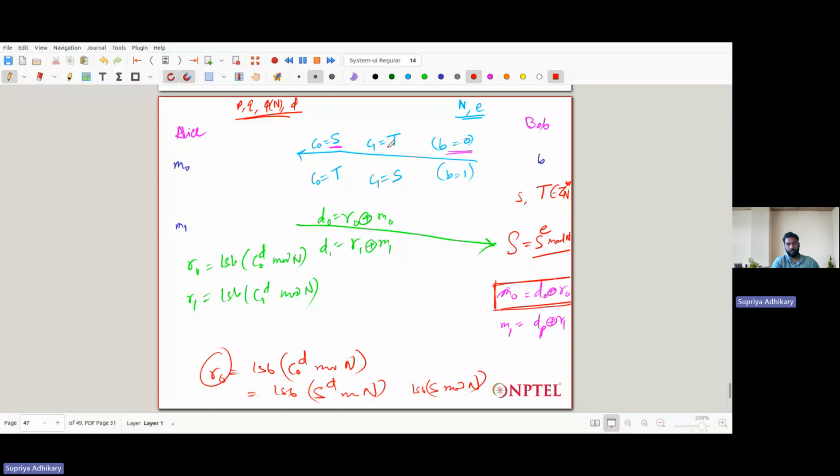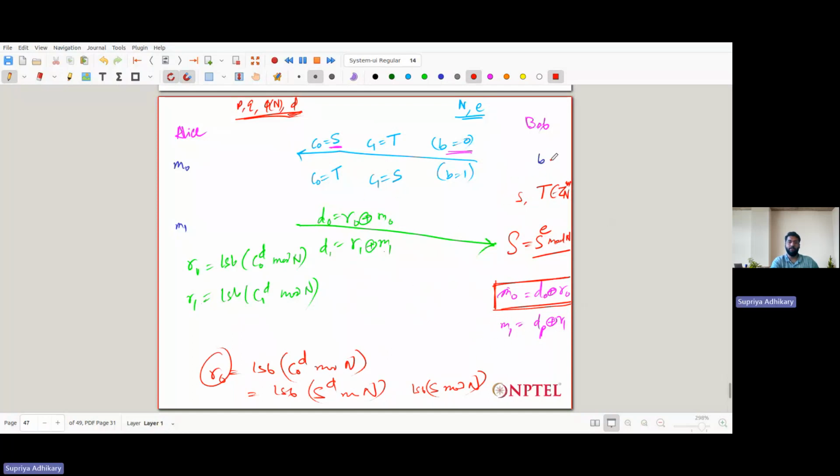But can Bob compute the value R1, which is the LSB of C1 to the d? Now C1 was T, and t was randomly chosen by Bob. So Bob cannot really compute this value R1, since Bob doesn't know the value t. So this is not possible for Bob to find out.